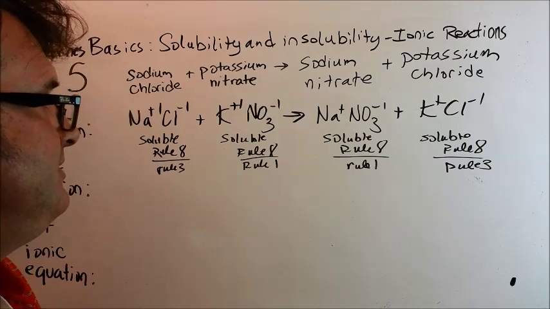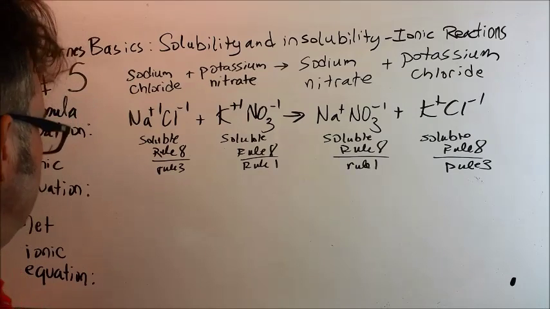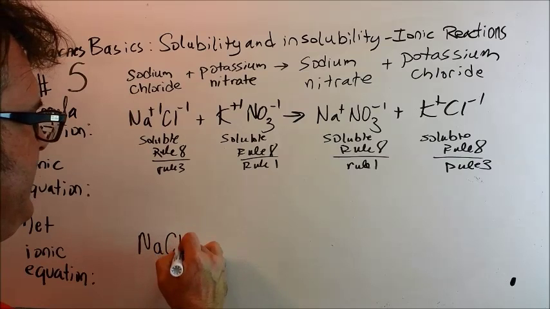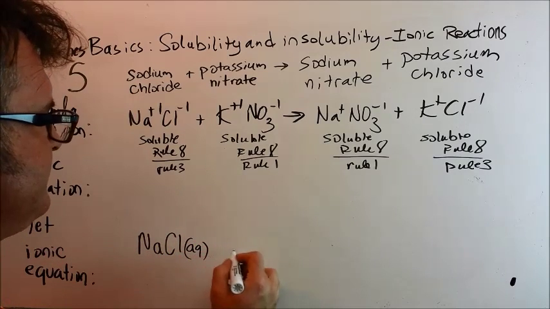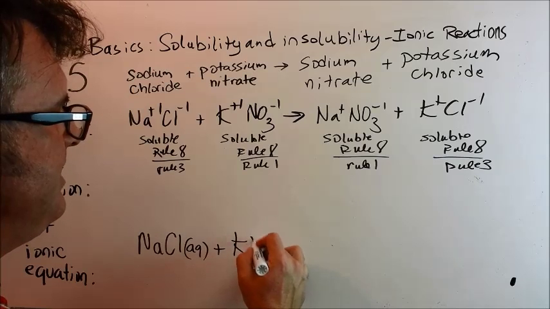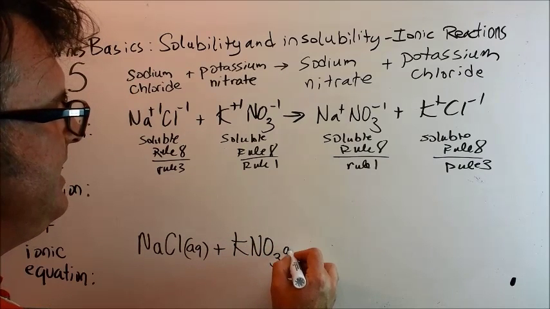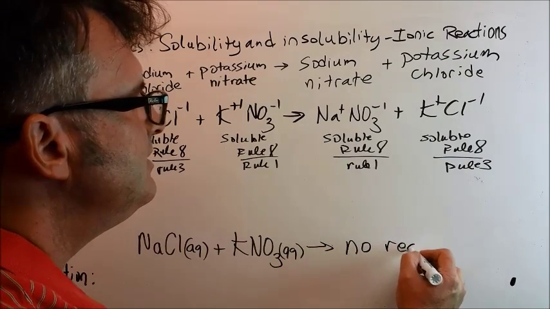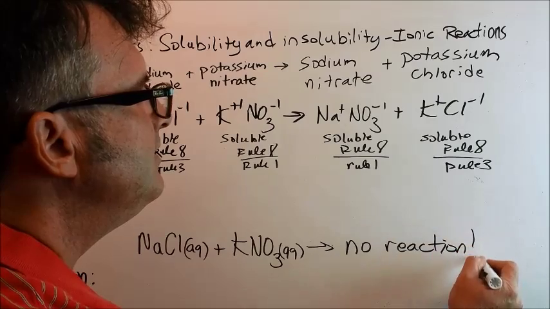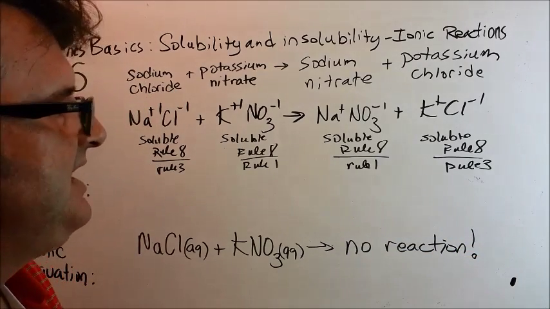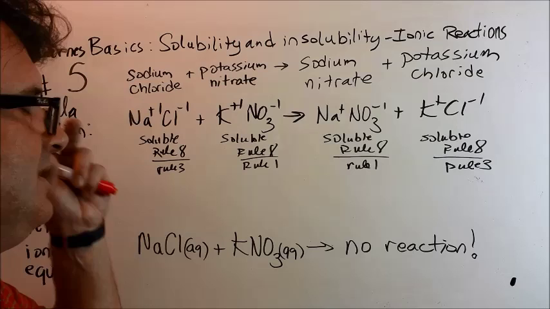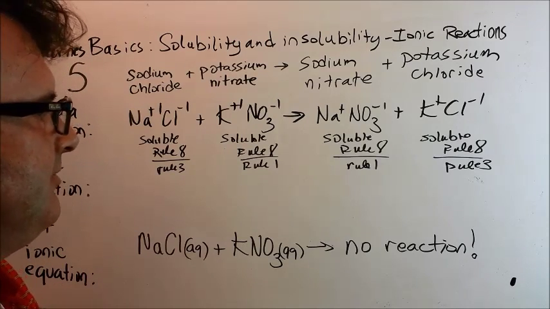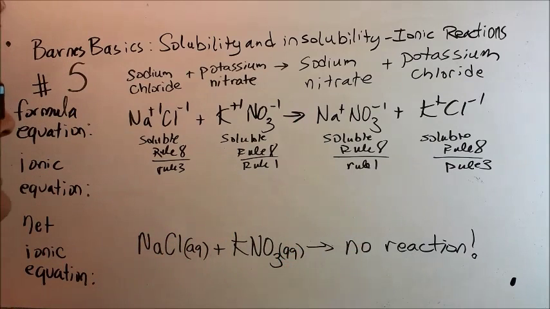So the truth is, in this case, we might have a solution of salt, NaCl, mixed with potassium nitrate in a water solution, but nothing happens. We get no powder precipitating, no cloudiness, no heat, no light. Nothing is happening here. We can, however, write an ionic equation.